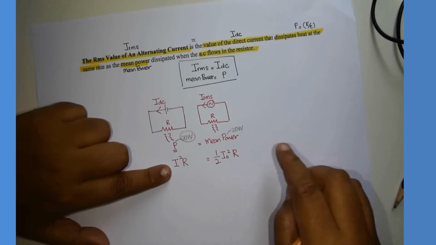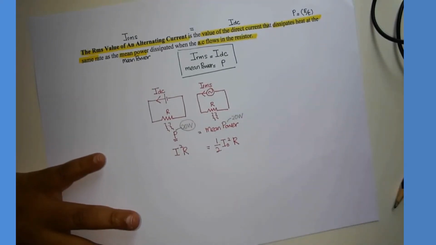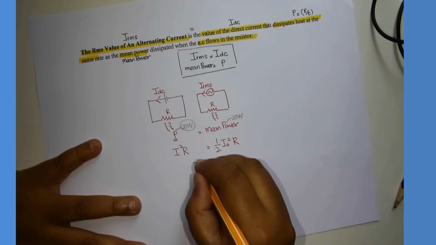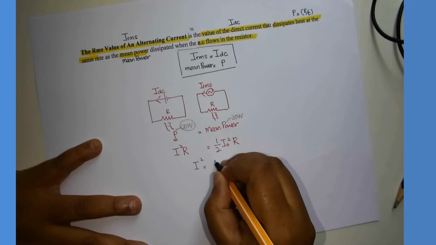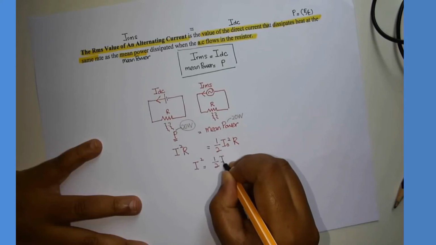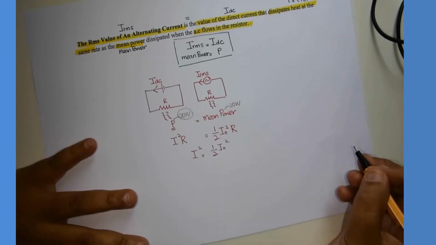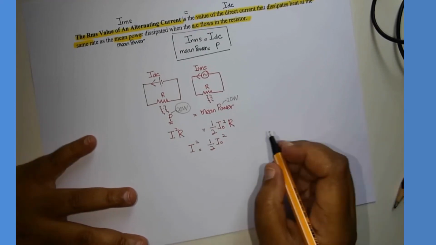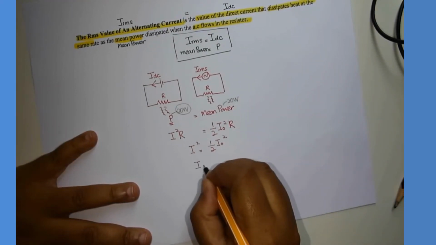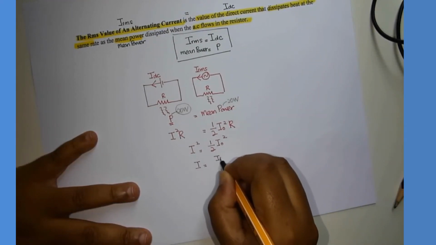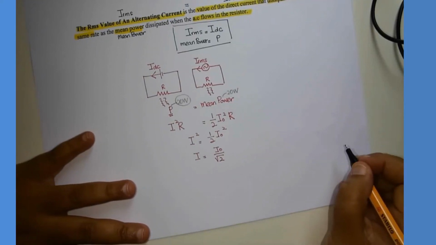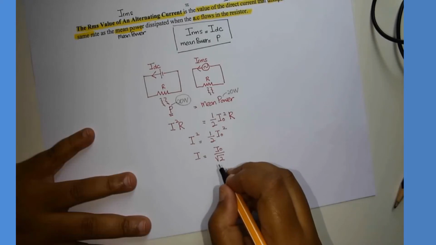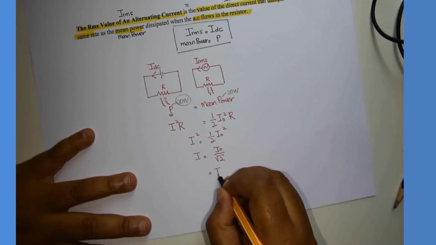Here we will see I square is equal to half I naught square, and then I is equal to I naught over square root of 2. I naught over square root of 2 is actually IRMS.